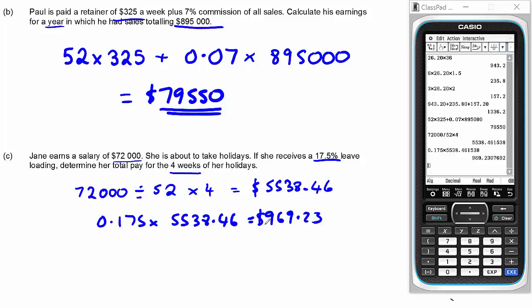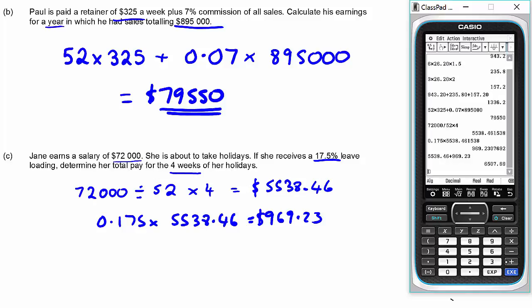And so if we add those, so we've got 5538.46, add 969.23, gives us 6507.69.